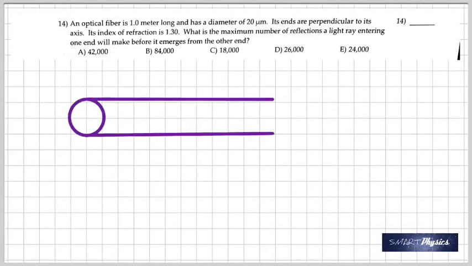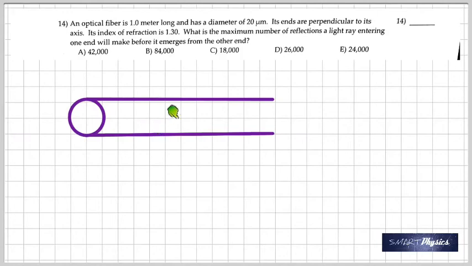Now, in this case, you have the optical fiber. The total length is 1 meter long, and it's entering by this face. And then what's going to happen is, you don't have to worry about what happens when it enters, but remember that as it tries to go out into air, maybe here, it doesn't manage, and it's totally internally reflected.